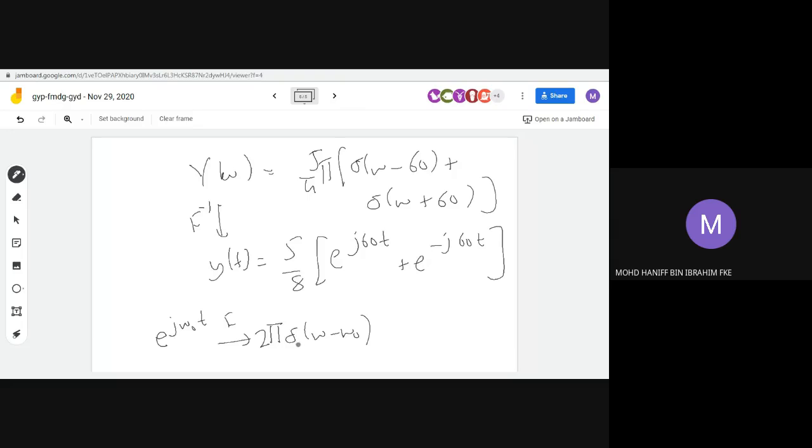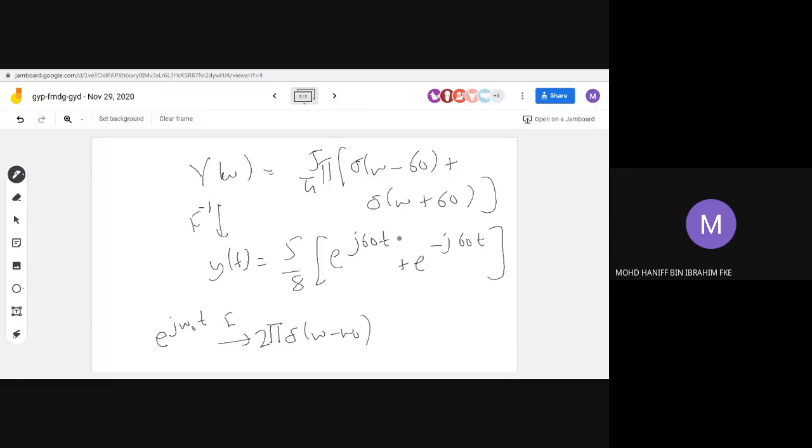That's why when we have the equation of 5 over 4 pi delta of omega minus 60, for instance, the time domain for it will be 5 over 8 exponential of j60t. Hopefully it's clear on this y(t).